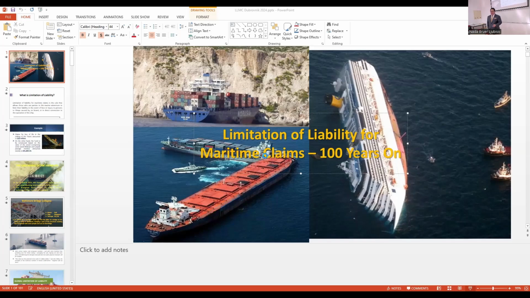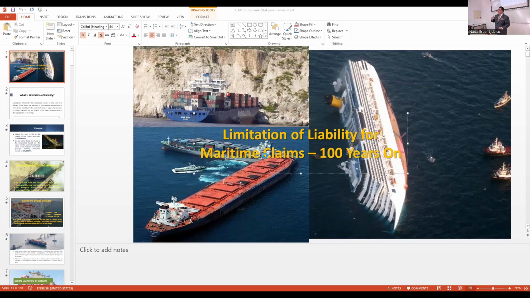This brought Gilmore and Black, two American writers, to say basically that privity was an empty container in which courts could pour whatever content they wished. In other words, if you fall before a judge that likes limitation, there is no fault or privity. If he doesn't like limitation, there is fault or privity, and there's no limitation. So it was very peculiar. The LLMC convention changed this by a much stricter test, which we will see in the next slide.